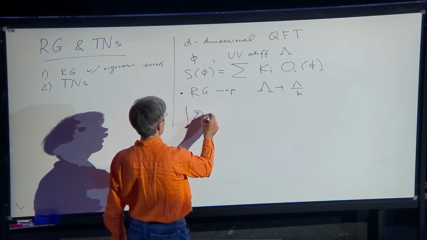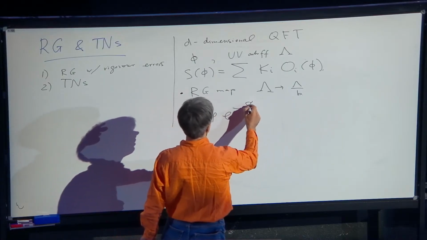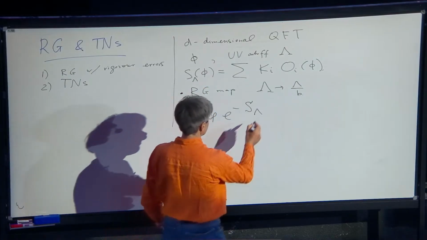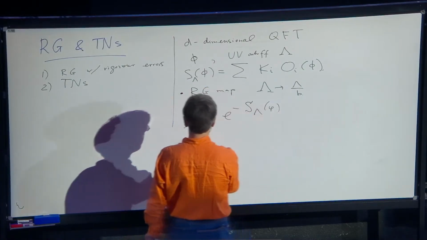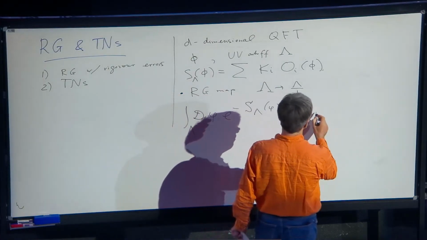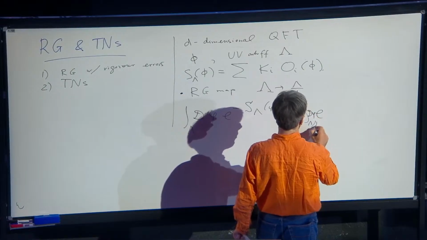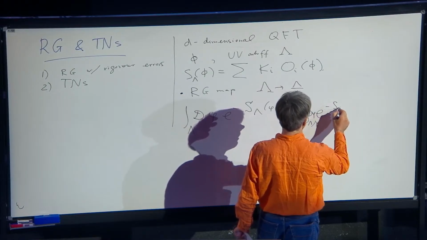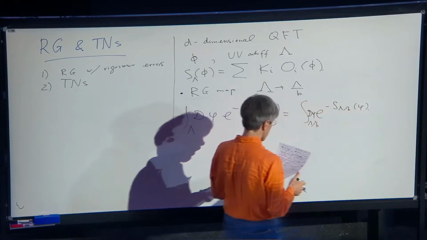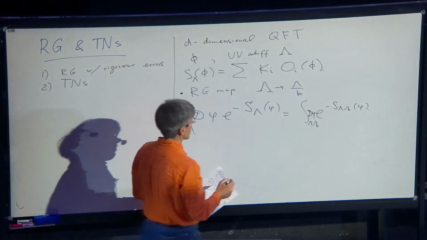So the integral of d phi e to the minus S_lambda of phi, with the cutoff lambda, is equal to the integral of d phi with the cutoff lambda over b, e to the minus S_(lambda over b) of phi. So this is the usual thing. And this is the integrating out step.